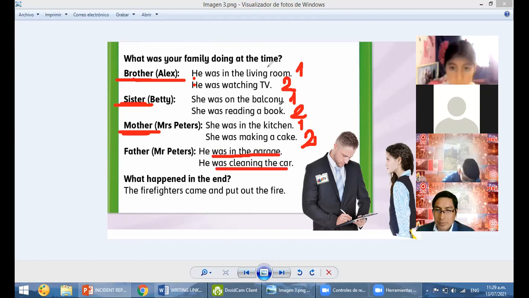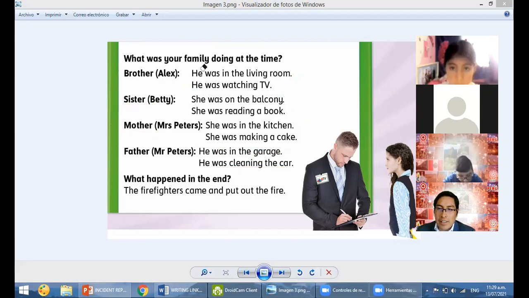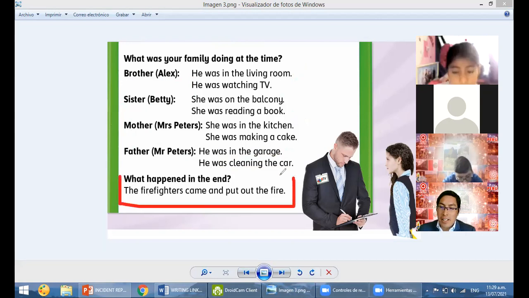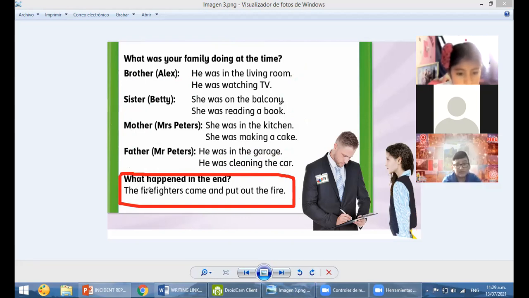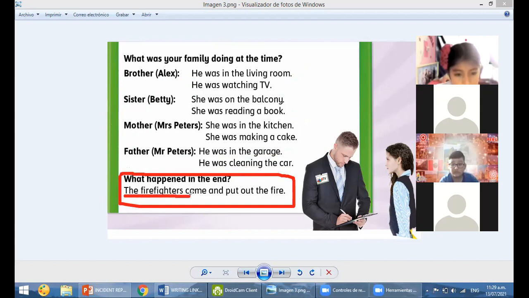Quiero preguntar, ¿qué haces en la última PT? Profe, ¿me puedes revisar? Okay, give me a minute, Sebastian. Camila, in this part, it depends of the incident. If you talk about earthquake, at the end, the earthquake stopped. If you talk about a fire, at the end, the firefighters came and put out the fire.